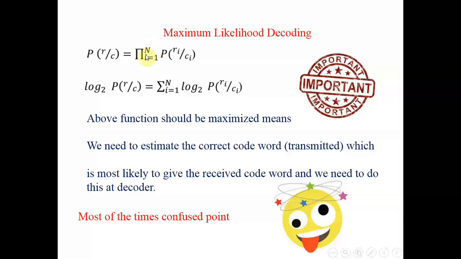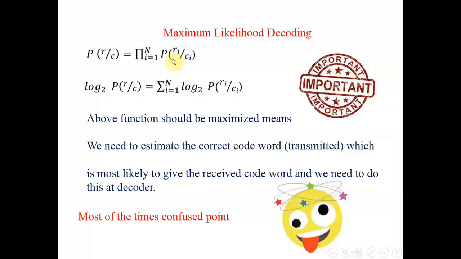This depends on the independence rule of probability. It is probability of R1 given C1 times probability of R2 given C2 times probability of R3 given C3, where Ri is the ith bit of the received code word and Ci is the ith bit of the actual or transmitted code word.